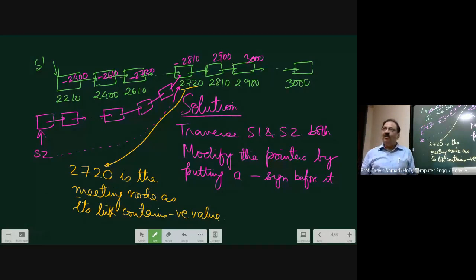Okay. Now since you are just modifying the sign, the address is not changed. Therefore, once you want to again make a traversal, you just convert all negative numbers to positive numbers, and it remains the original linked list. Okay. Therefore, it is destructive. But when I say that, it means that you are modifying it, but not completely modifying.